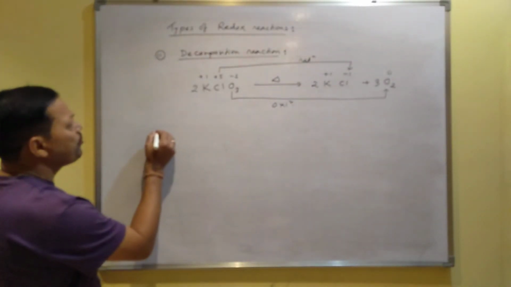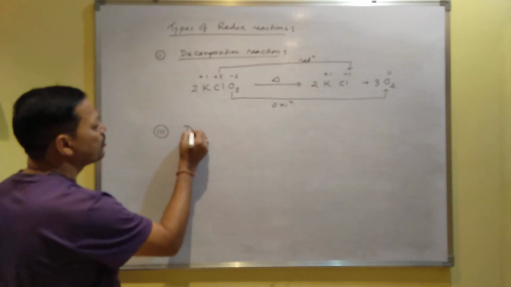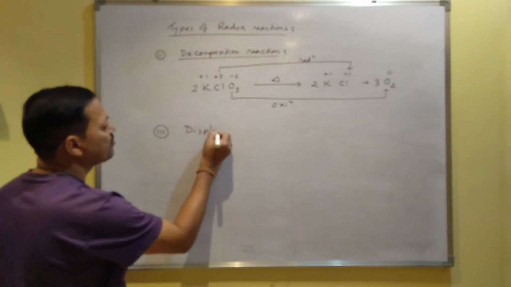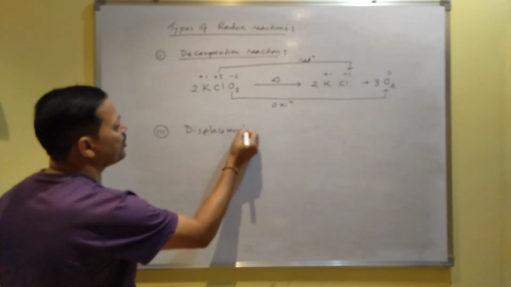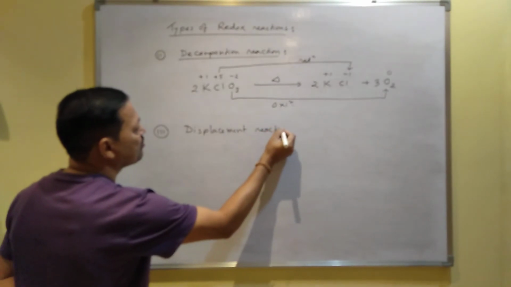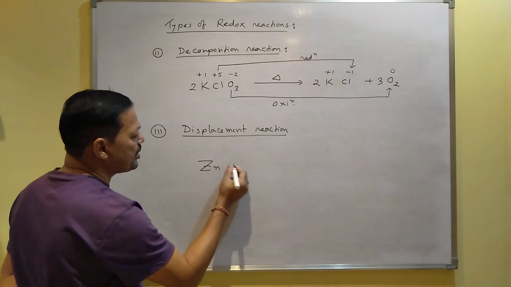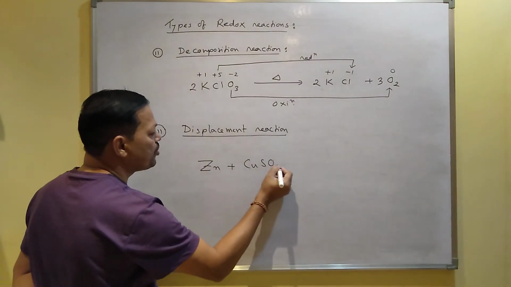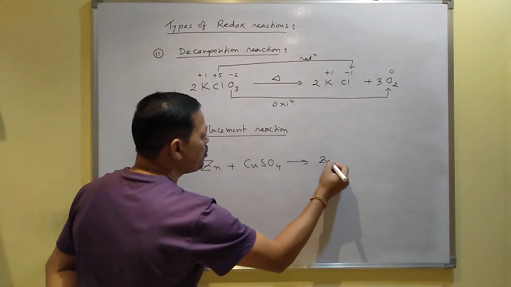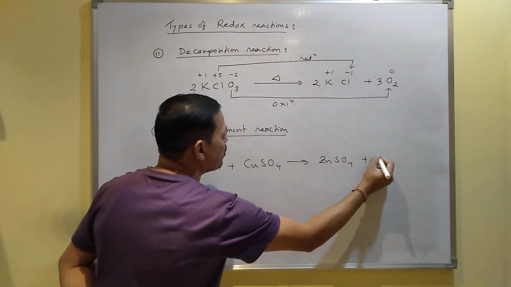Now another type of redox reaction, number 3, displacement reaction. This is one example of displacement reaction. When zinc combines with copper sulfate, it produces zinc sulfate and copper.